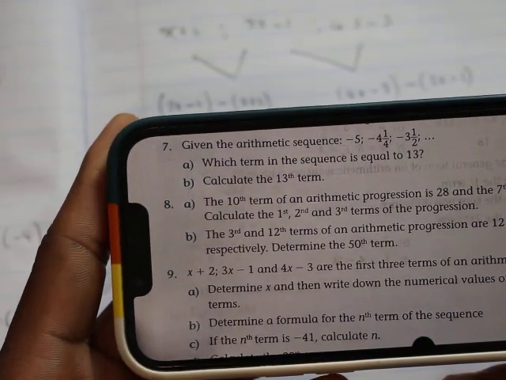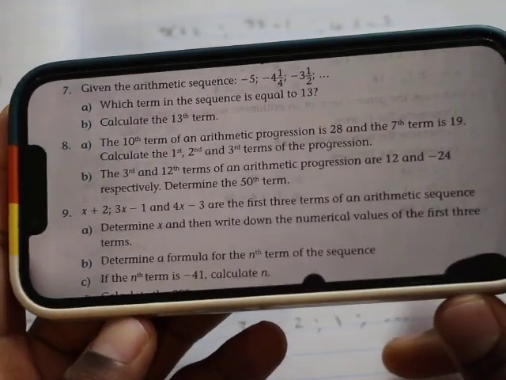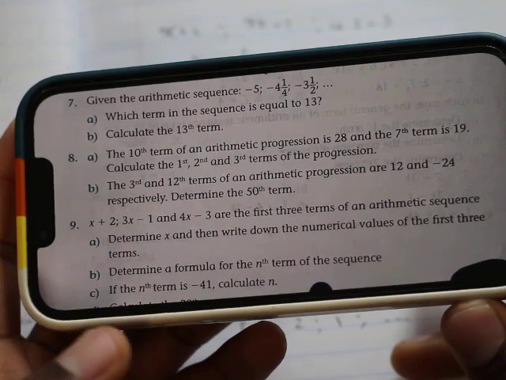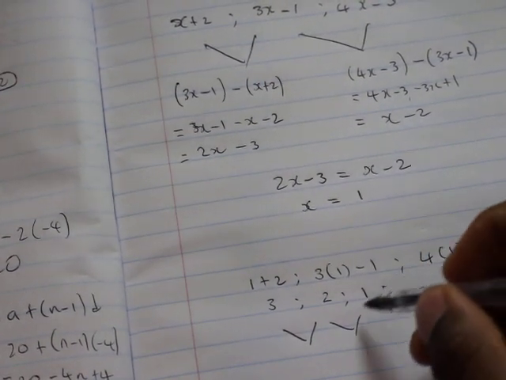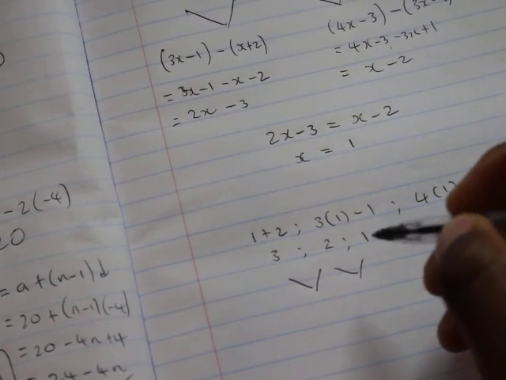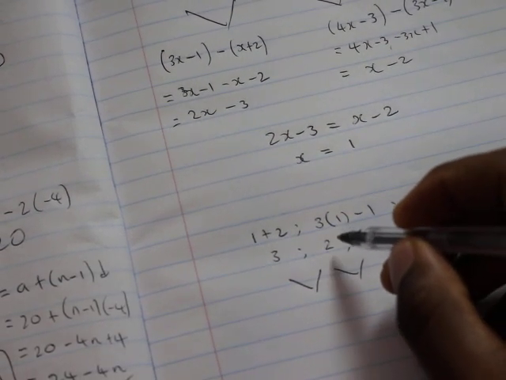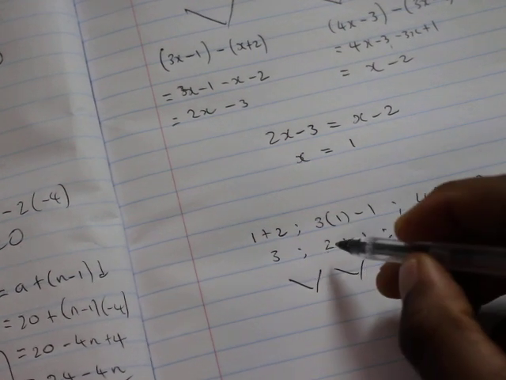So determine, okay, we've got the numerical values of the first 3 terms, isn't it? Determine a formula for the nth term of the sequence. Well, that is fine. Obviously, we'll need to find the d, which is the constant difference. So 2 minus the 3. Guys, because this is smaller than that, you don't say 3 minus 2, or 2 minus 1.